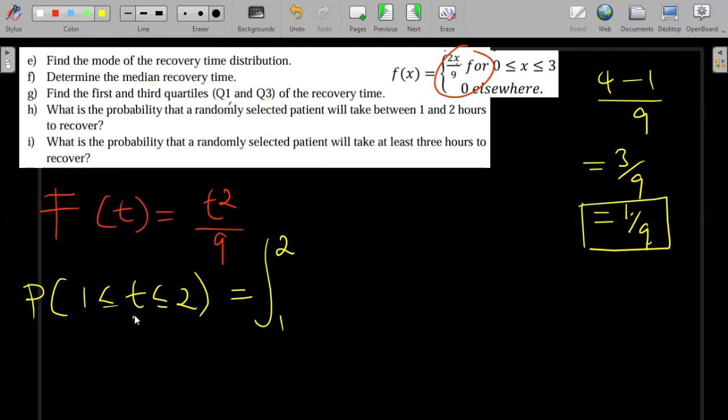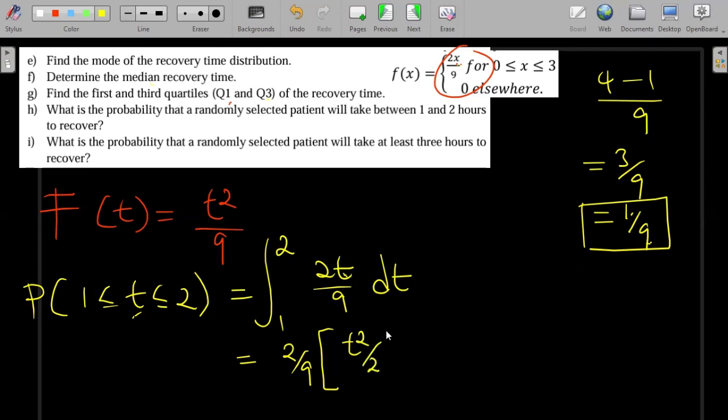Since I have t here, I'm going to write this in terms of t. It doesn't change anything, it's just a variable. So it will be 2t over 9 dt. The 2 over 9 can come outside, and then I integrate the t that remains. So it will be t squared over 2, with 2 and 1 as the limits.